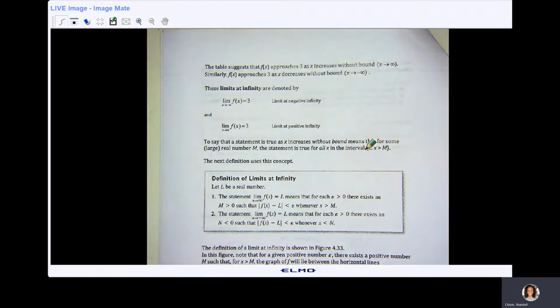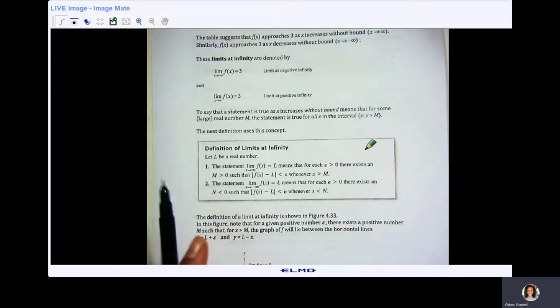To say that a statement is true as x increases without bound means that for some large real number m, the statement is true for all x values greater than m. That brings us to the definition.